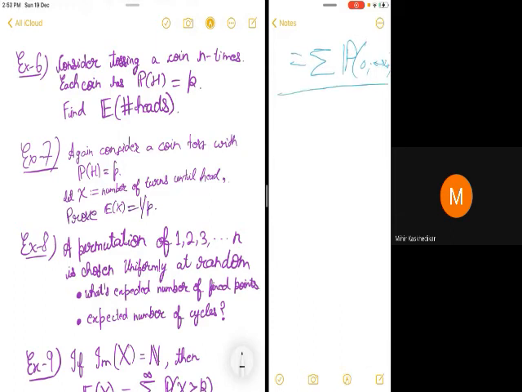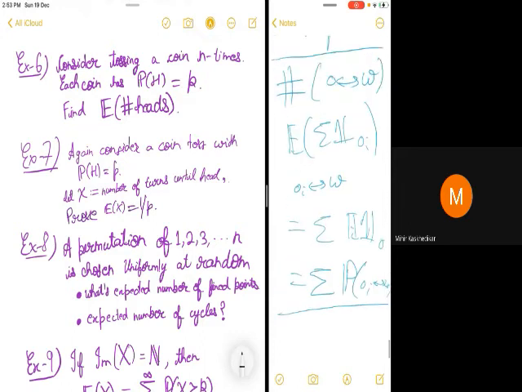So, do you intuitively get this argument here? This is important.